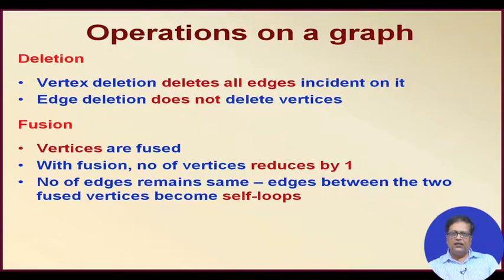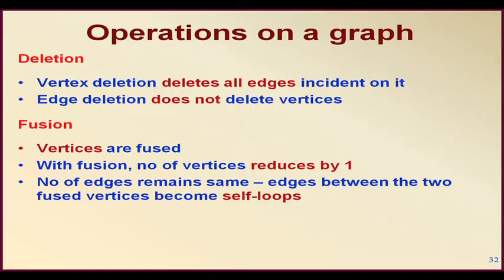That is like an edge deletion. But if you delete the student, then all the student-subject links of that particular student will be deleted. So, we must remember this, and that is what is done for the deletion operation.